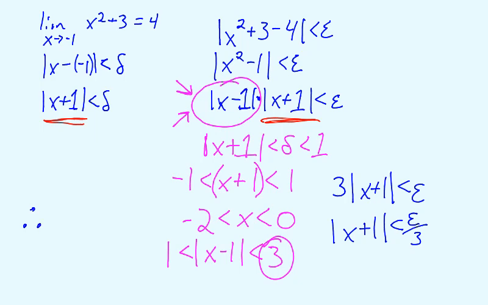Do my comparison, and I get that delta has to equal epsilon over 3. So whatever I choose as my itty-bitty, tiny epsilon value for the variation that's allowed in the y, that divided by 3 has to be my variation in the x.